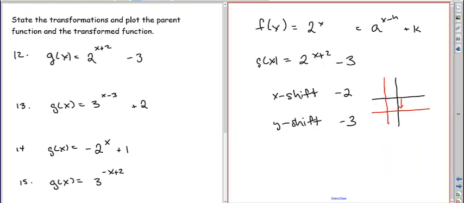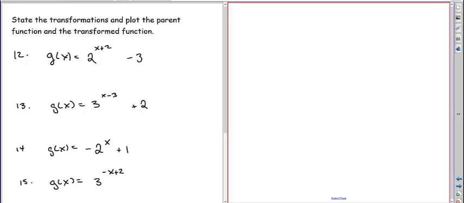Okay, let's go back and do the next one. The parent function, in this case, is 3 to the x. Actually, let's use f.